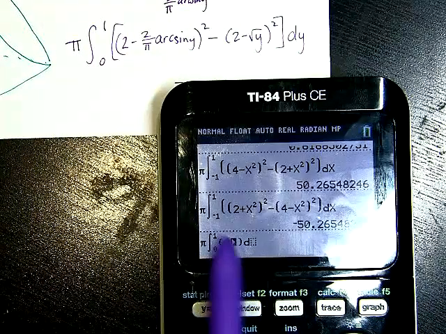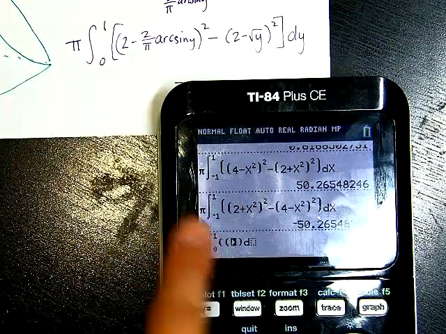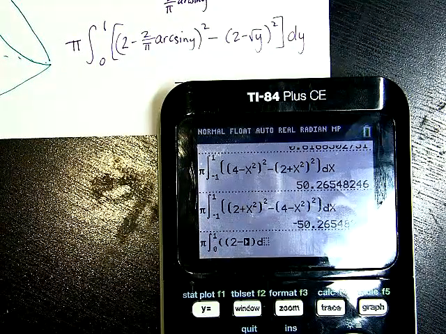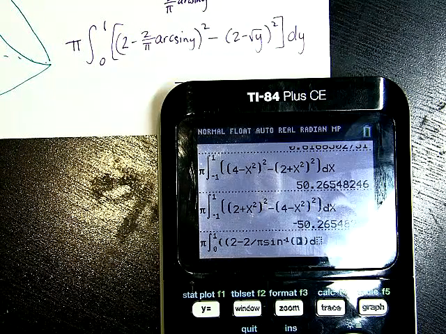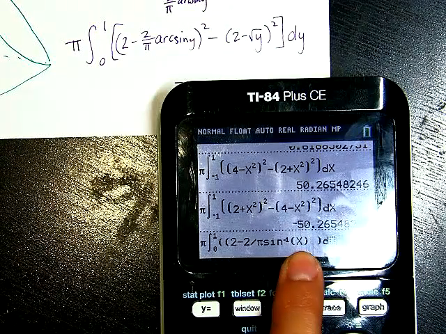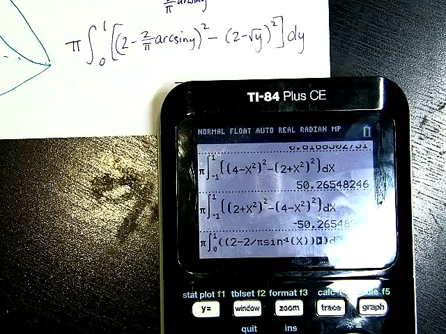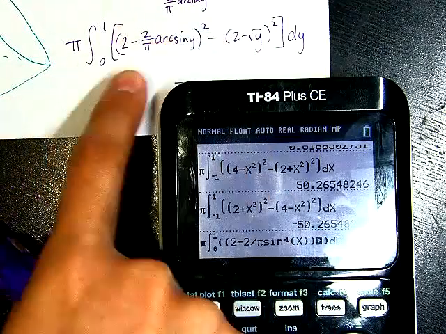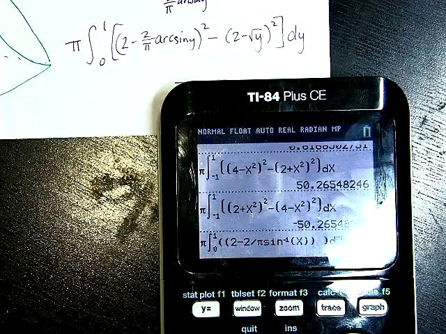The calculator already gives you the bigger one, but you do need a parenthesis to square. 2 minus 2 divided by pi. Arc sine is the same thing as sine inverse x. And then go ahead and close the parenthesis for the x, but then also you need to close the parenthesis here on the expression so you can square it.